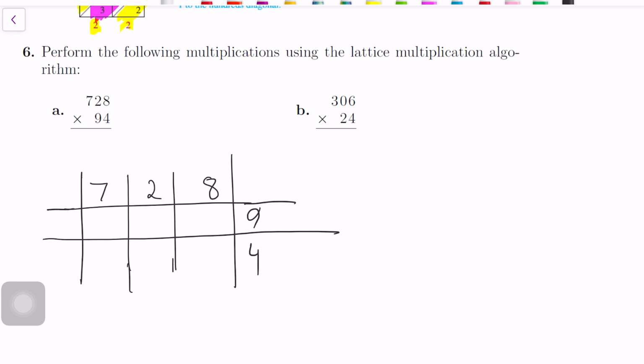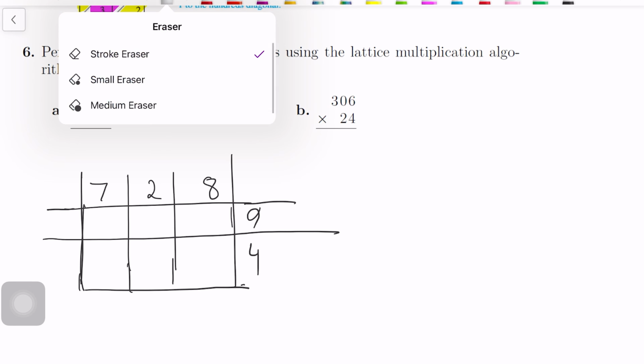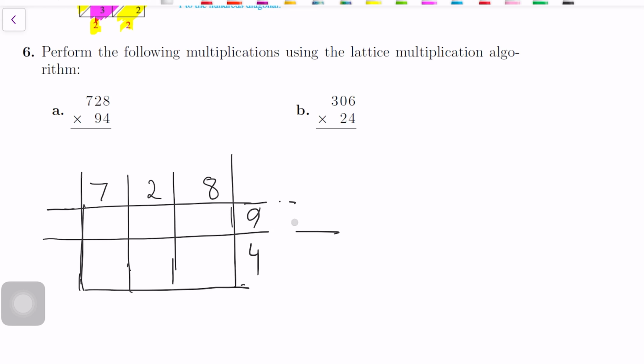Okay. I didn't have to go that far with this. Let me erase that. And I don't need those lines. Okay, so every square here will be split diagonally.